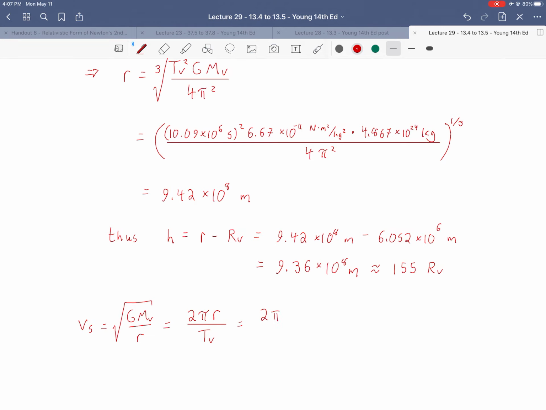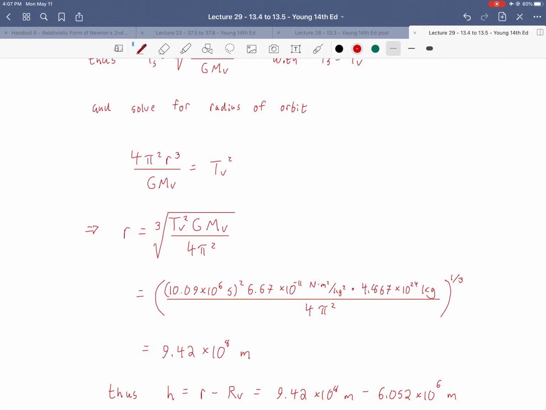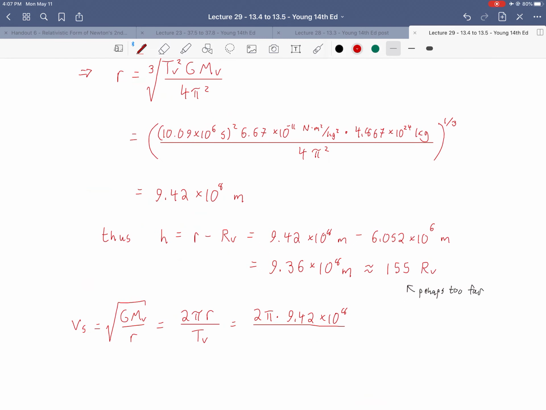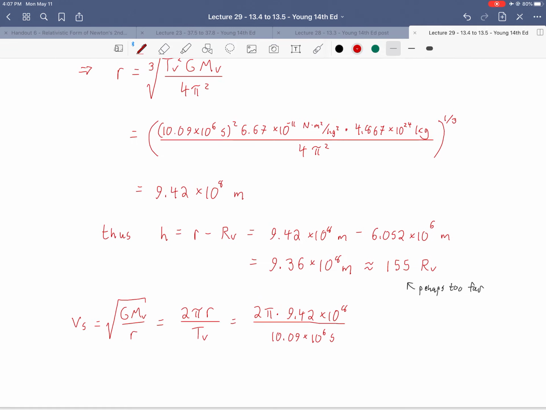All right, so what does that give us? So 2 pi times 9.42 times 10 to the 8. And I'll just make a note here that this is perhaps too far. All right, and then we'll divide by our 10.09 times 10 to the 6 seconds.